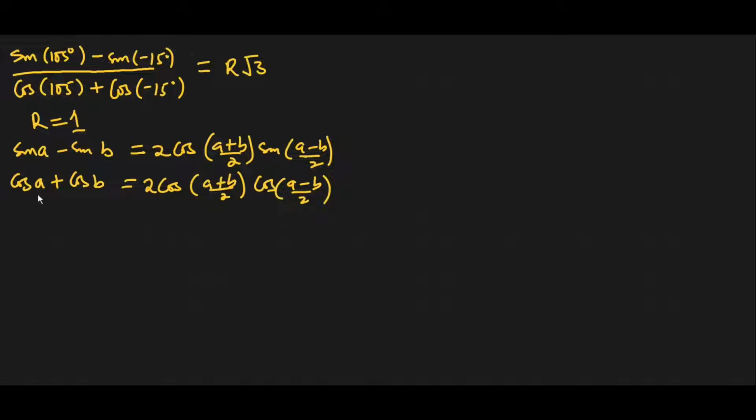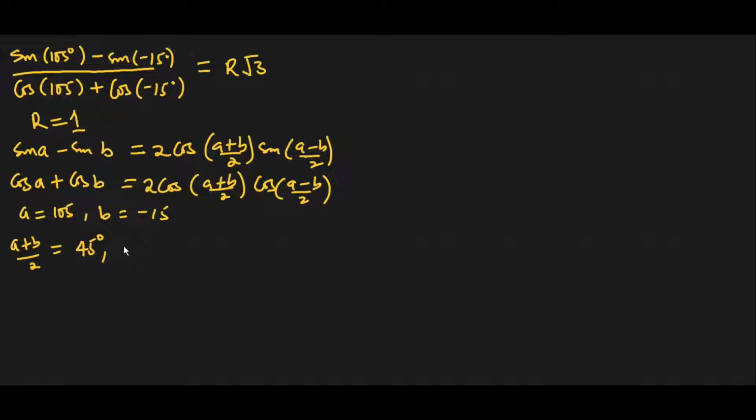So in this case, if we relate this into that, we can say our A is equal to 105 and our B is equal to minus 15. All right, and so this means that A plus B divided by 2 is equal to this plus that, which will take us to 90, and then 90 divided by 2 goes to 45 degrees.